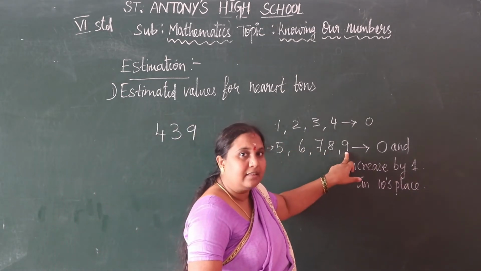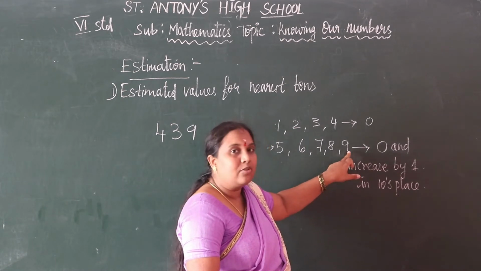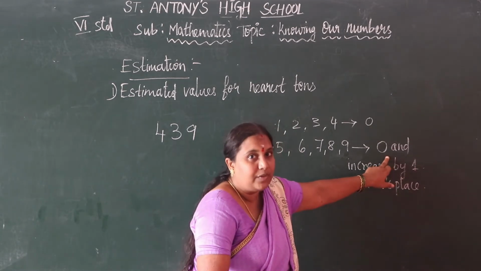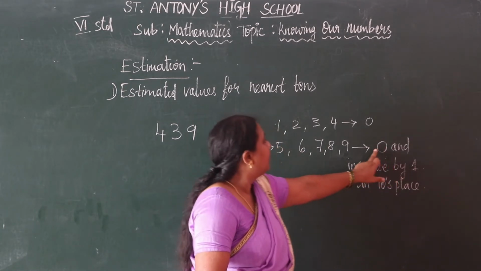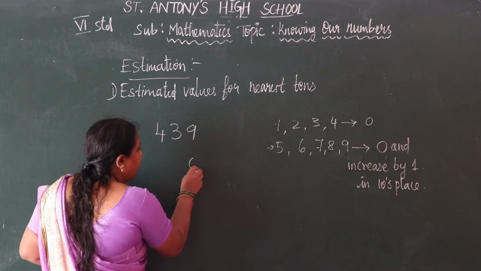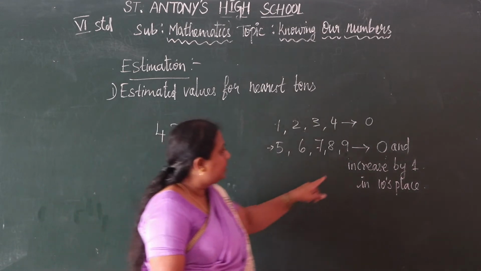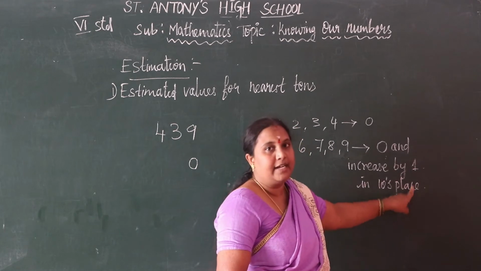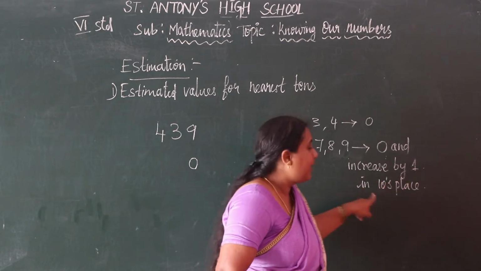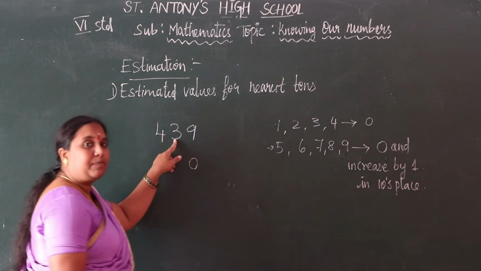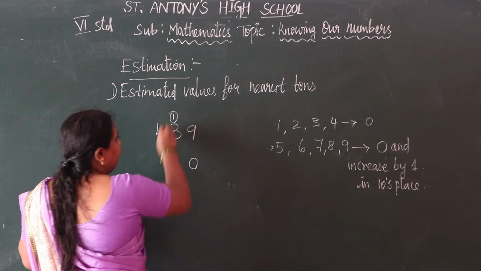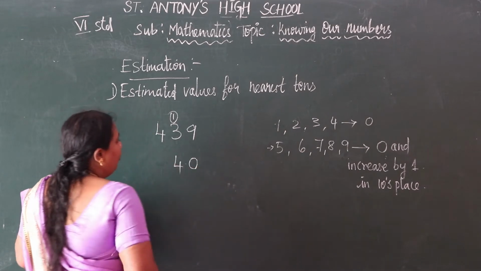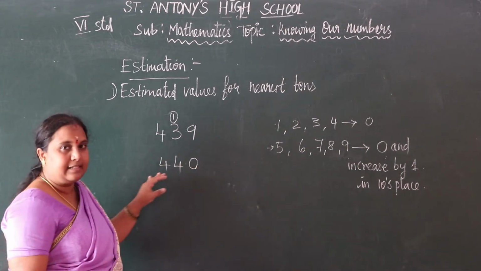So we round the units place off to 0 and increase by 1 in the tens place. We are adding 1 in the tens place. The 4 in the hundreds place stays as it is.